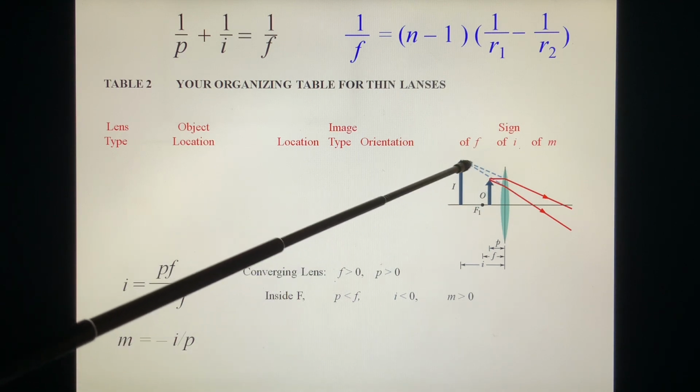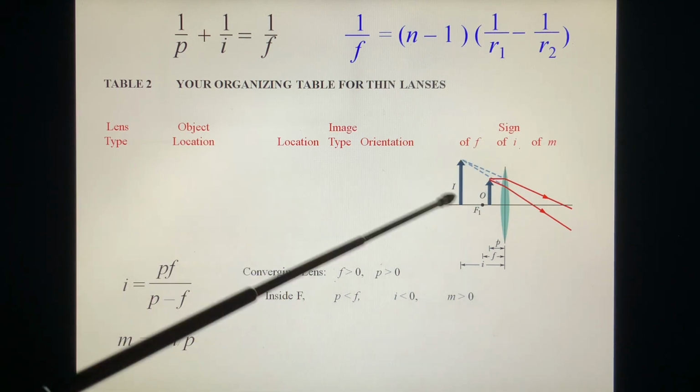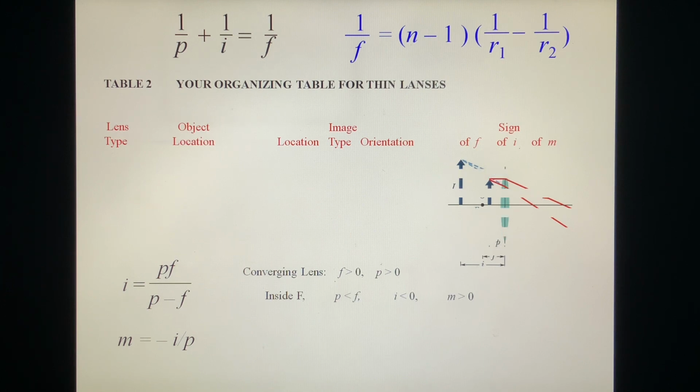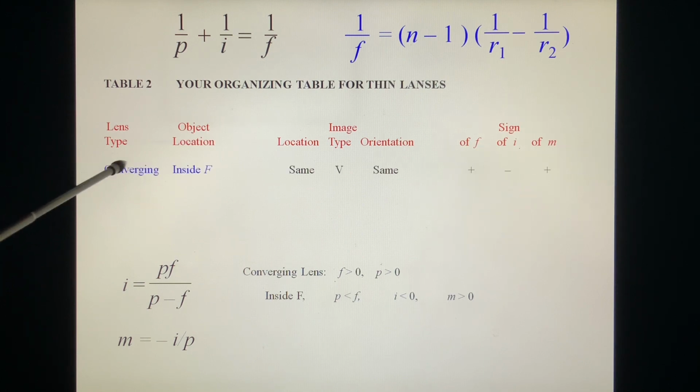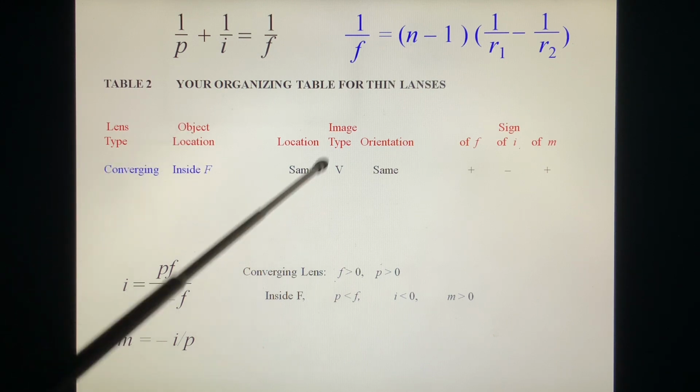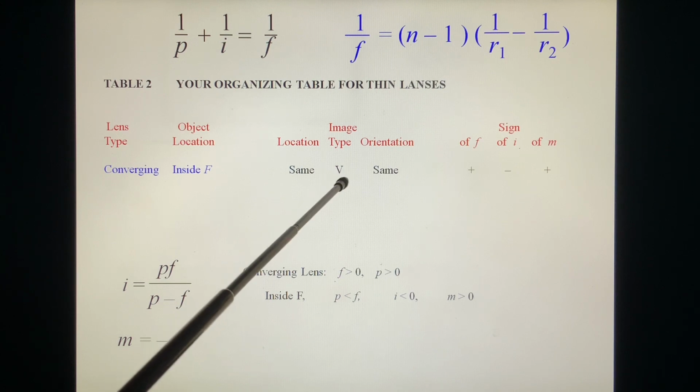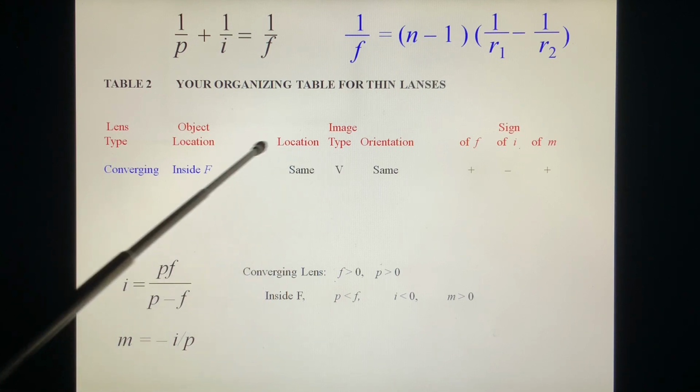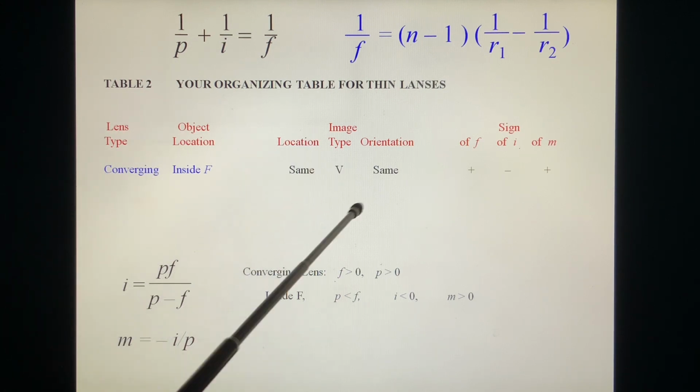And M larger than 0 is upright. So we write this. Converging lens, object location inside the focus point. We get a virtual image, larger than the object, and the orientation is the same, upright.